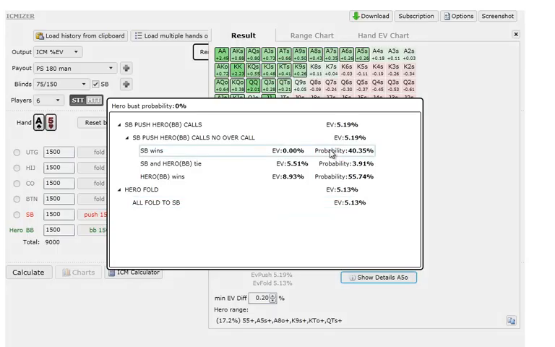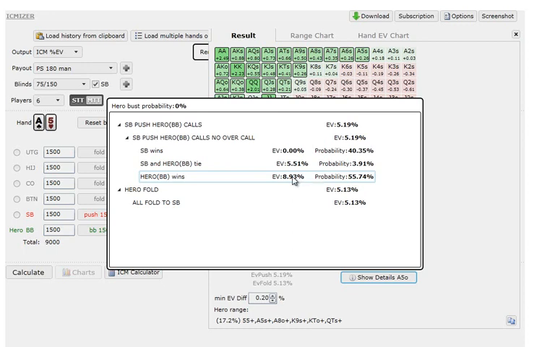We can check the details for ace-5 and how it works. We can see, if we win, our EV is 8.93% of total prize pool. This value is calculated using a special ICM formula for multi-table tournaments. It takes into account stacks distribution and payouts, and as a result you get this value.